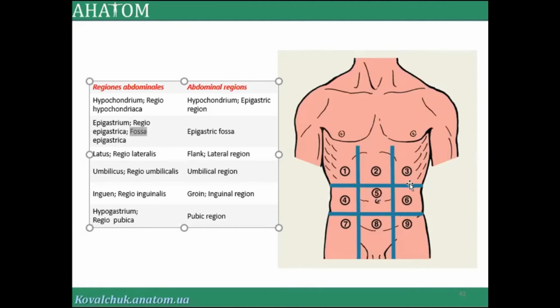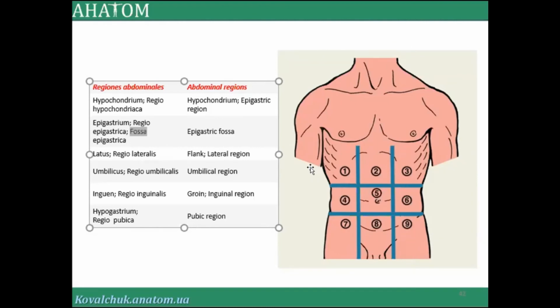This line separates the epigastrium from the mesogastrium. 4, 5, 6 is the mesogastrium, and 2 points on this horizontal line are the spina iliaca anterior superior. Do you understand where this structure is located? The spina iliaca anterior superior is a structure of the iliac bone, and the two bones mark the boundary between the mesogastrium and hypogastrium.